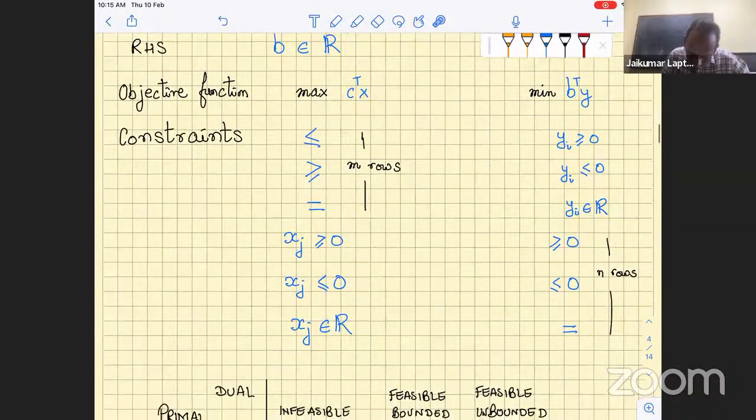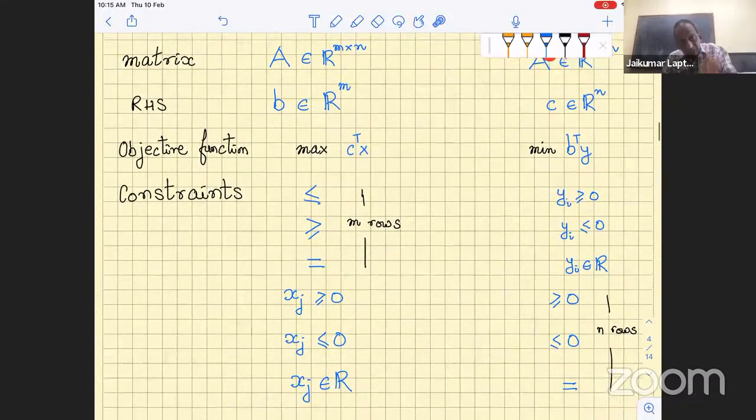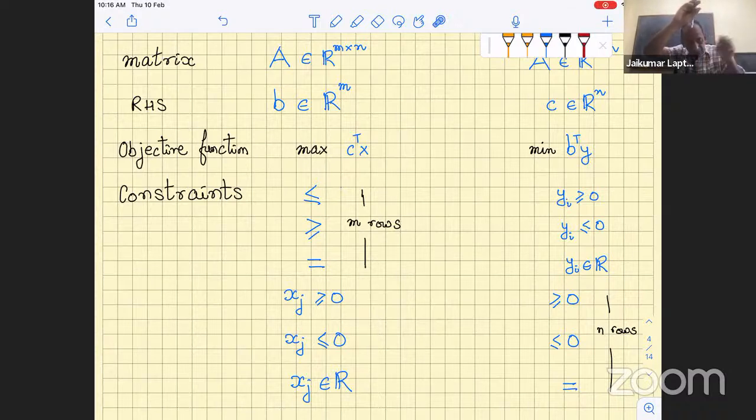But what do the inequalities look like? For each column of the original primal, there will be an inequality which relates the scalar in the objective function, the Ci, with the column of the primal. That is, after you multiply the scalars with that column, it has to dominate, either be greater than or less than or equal to.